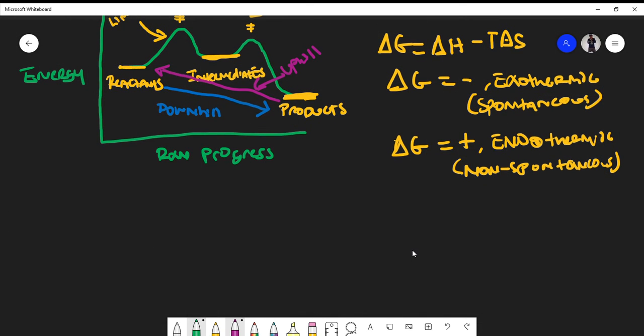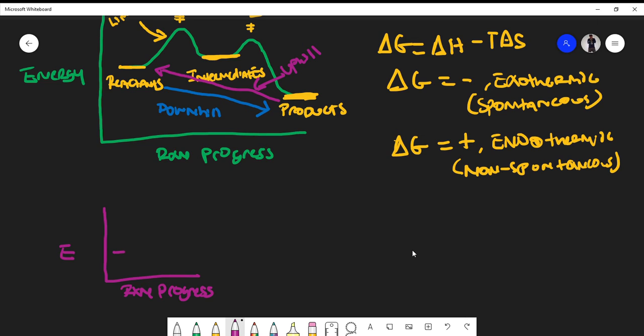So for simplicity, all I'm saying is that if I give you a reaction diagram where I have my energy E on the y-axis and I have the reaction progress on the x-axis, and let's say this is a simple reaction, so there are really no intermediates. For an endothermic reaction, it would be an uphill process.